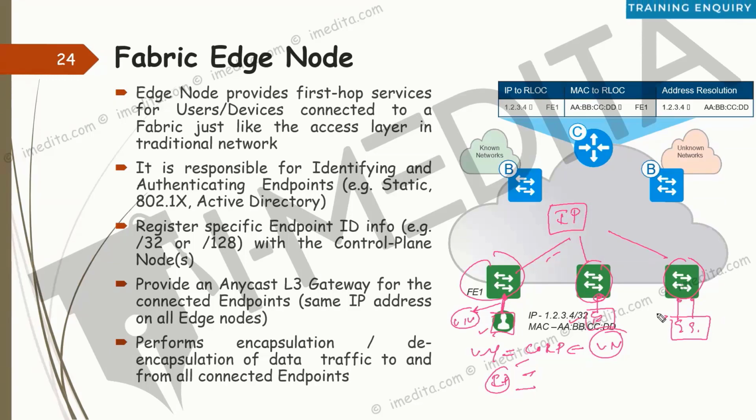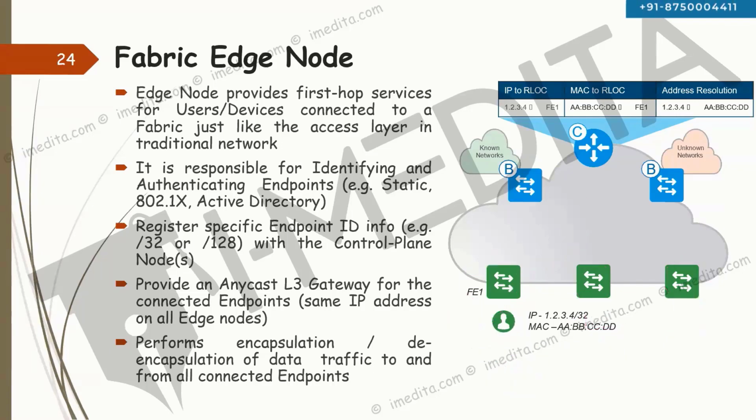The IP address of the default gateway remains the same on all the fabric edge nodes for a particular VN, virtual network, or call that VRF. And that is why this kind of gateway implementation is what we refer to as Anycast gateway.